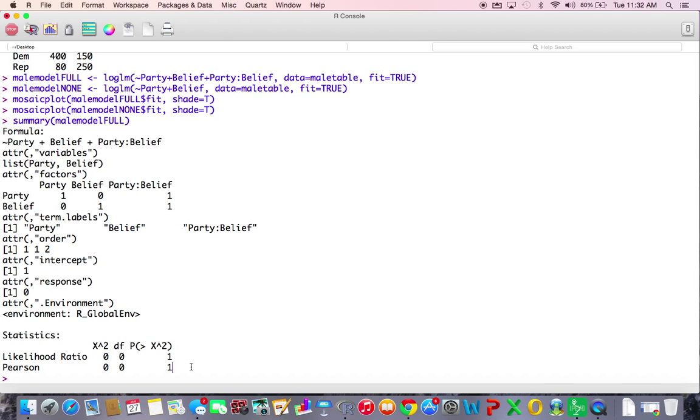Typically when that happens in a non-saturated model, it means we've done something wrong, but in this situation it doesn't. These turn out to be non-statistically significant. If you'll recall, these are the goodness of fit tests that test whether the expected values from the model deviate from the observed data.